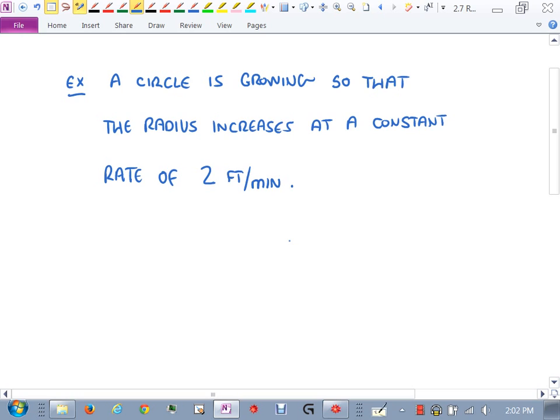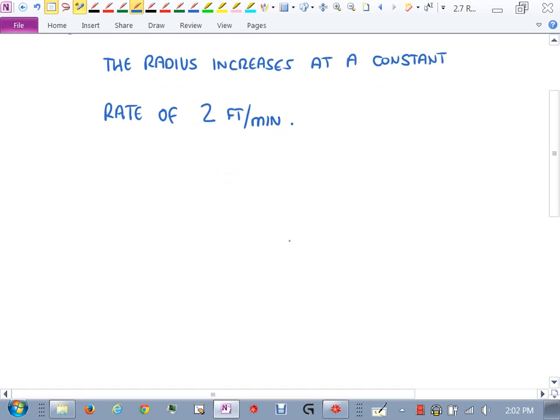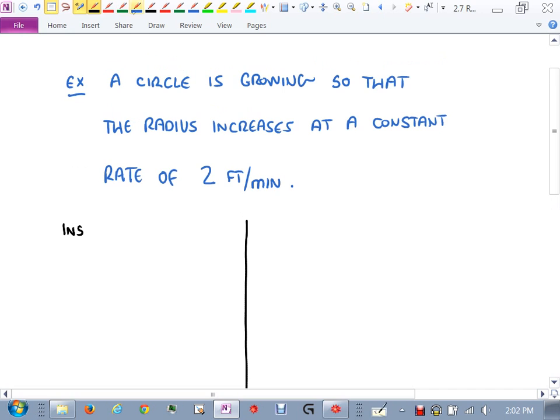And I always recommend that you draw 2 pictures. Okay, the first picture that you'll have, I like to separate my pictures with a line. I have the instant, oh, hold on, I forgot something in the problem. A circle is growing so that the radius is increasing at a constant rate 2 feet per minute.